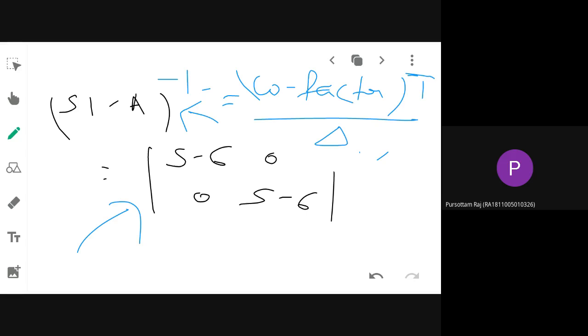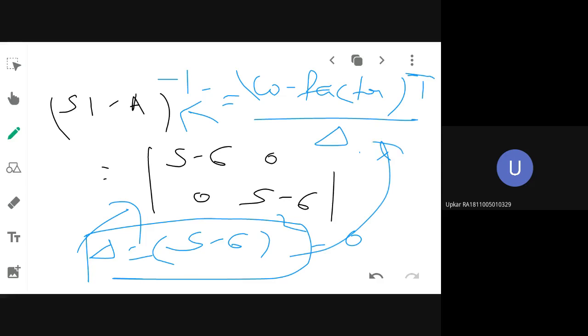What is the determinant? Determinant, you know how to find. What is the answer for the determinant? It is (s minus sigma) the whole square minus 0. So this will be the determinant, that you will substitute in the denominator. Still you need to find out the cofactor of this same matrix, transpose you need to find. So how will you proceed with the transpose of this cofactor?